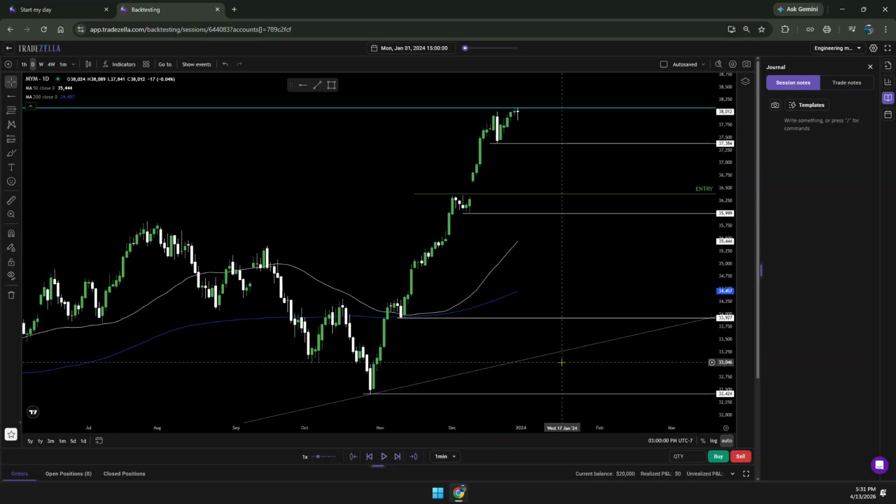And finally, I believe in anything market structure, anything you can learn about how market structure is moving, so you can see when it's pivoting, when it breaks a certain point.